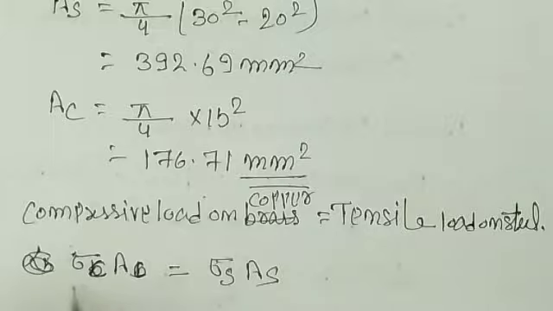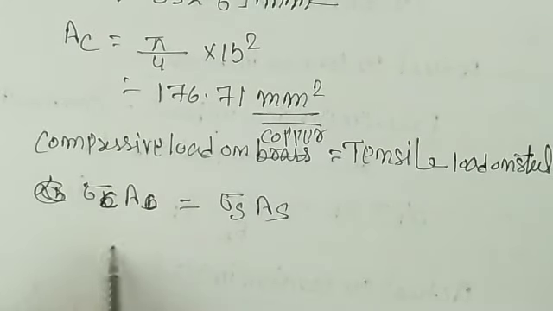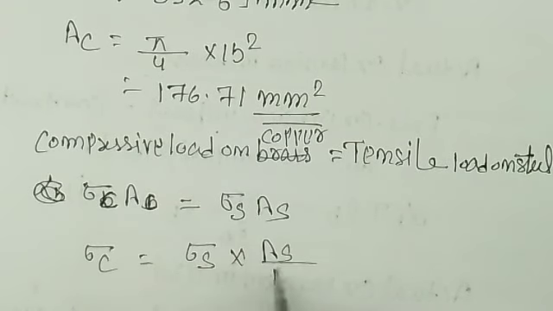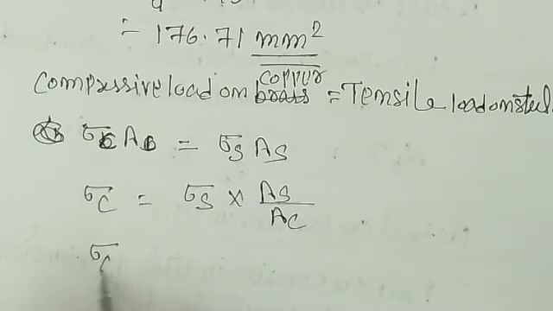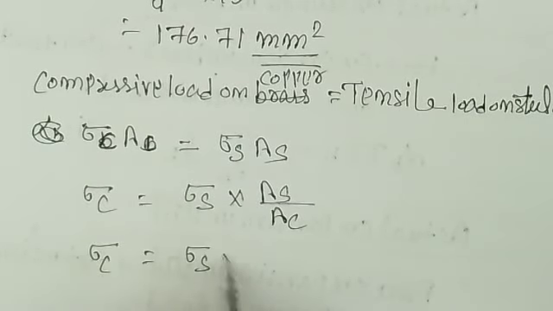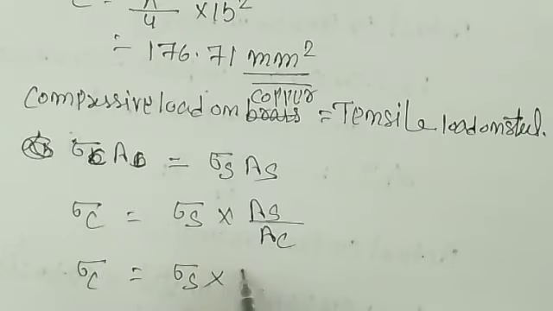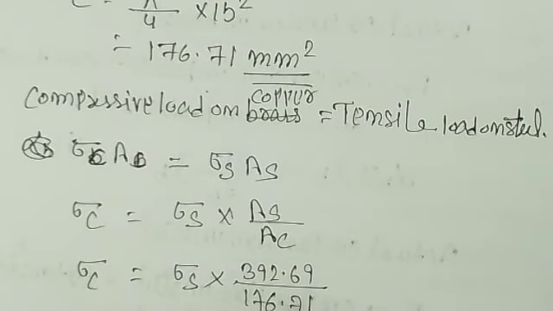Okay, so now you can get sigma c and sigma s relation, that sigma c is equal to sigma s times of AS by AC, right? So you have sigma c is equal to sigma s into AS, which is 392.69, by 176.71, right?